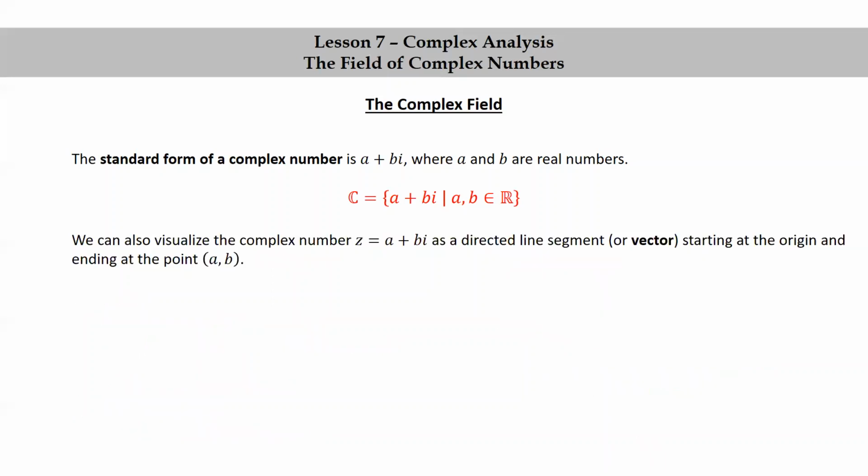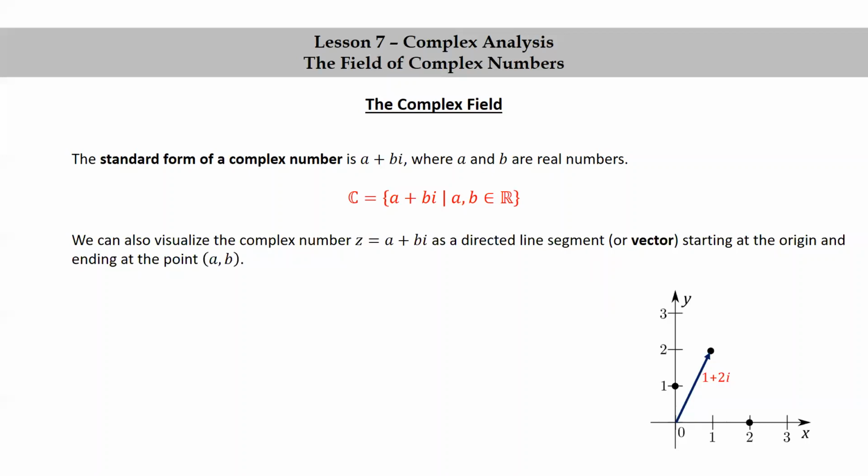We can also visualize the complex number z equals a plus bi as a directed line segment, or vector, starting at the origin and ending at the point (a, b). Let's look at a couple of examples here. We have the point (1, 2), or the vector 1 plus 2i.